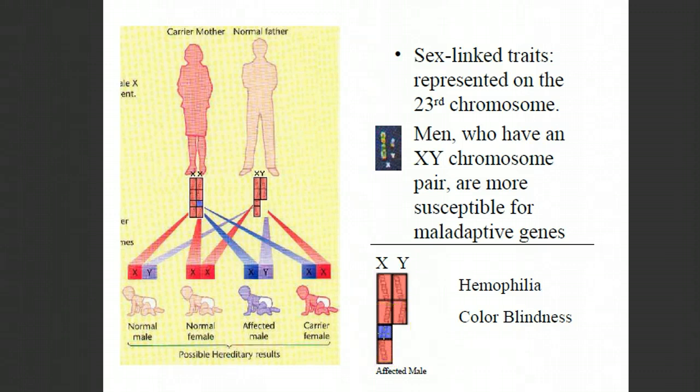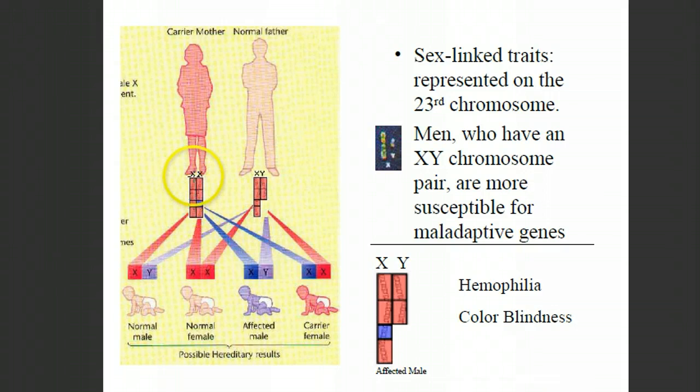So let's take a look at how this works in terms of hemophilia and color blindness. Here's mom. Mom's a carrier mother, we'll say, for color blindness. And here's father, and we'll say he's a normal father, indicating he doesn't have any of these recessive traits. So here's the 23rd chromosome pair from mom and the 23rd chromosome pair from dad.